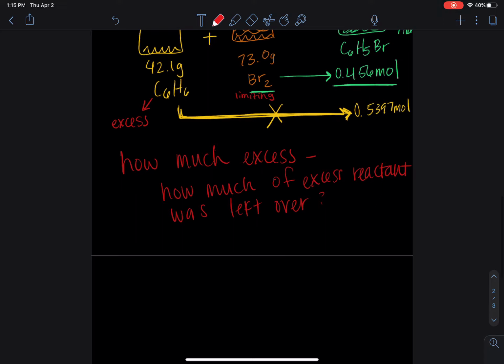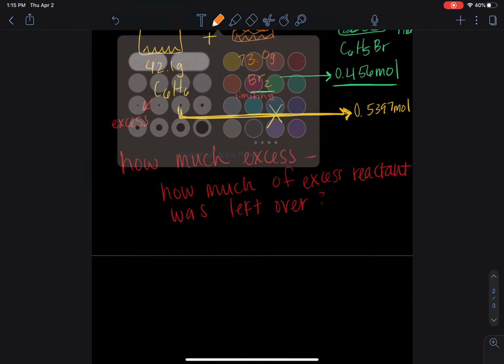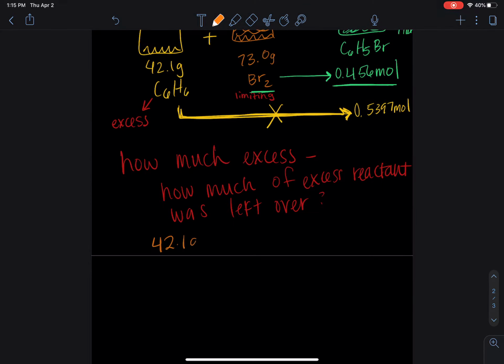But say I put in 42.1 grams. That's how much I give you. Well, we used a certain amount of grams so that we could make this 0.456 moles using all of the bromine. So there was a certain amount of this 42.1 grams that got used to make this process, but also some of it was left over.